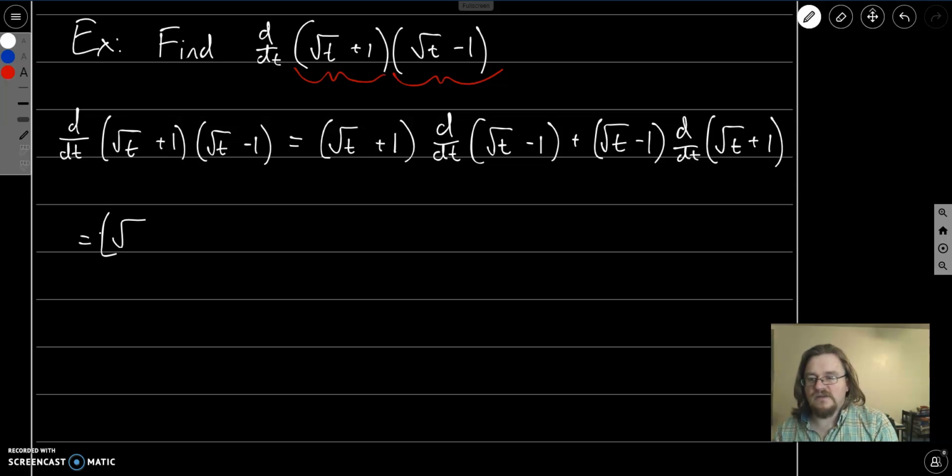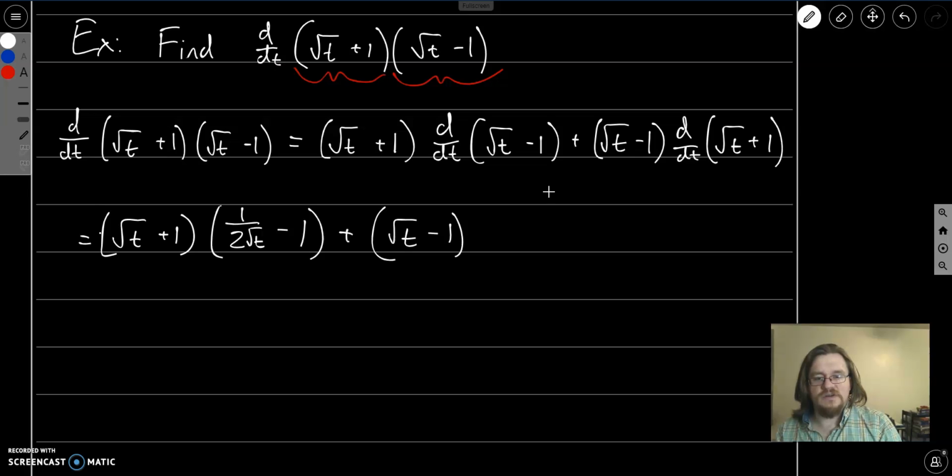If I start simplifying, the derivative of t to the 1/2 is going to be 1 over 2 root t. And we're going to add that to the square root of t minus 1 times the derivative of, I've already made a mistake here.